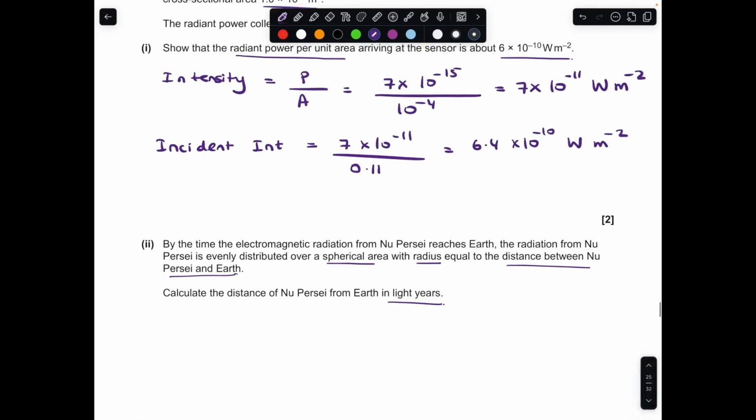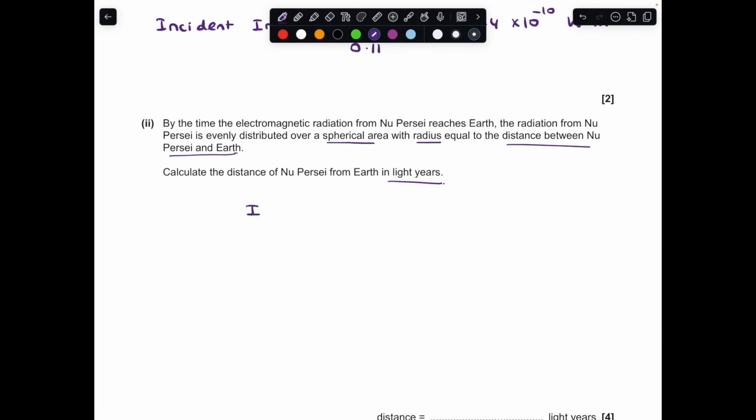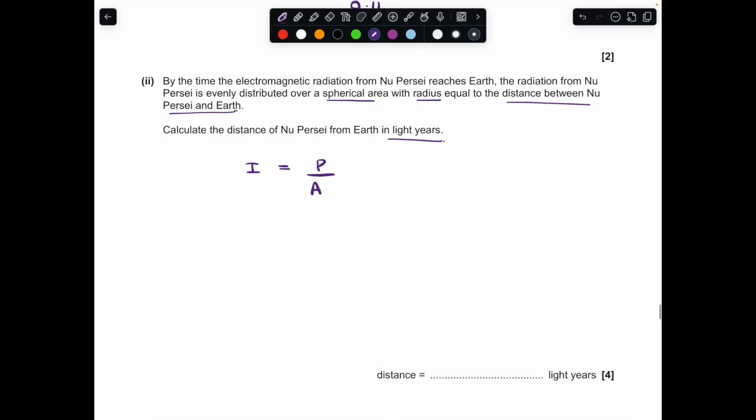The incident intensity we calculated will be equal to the power divided by the area. Area can be taken as a spherical area, so 4 pi r squared is equal to P over I, and therefore r is equal to the square root of P over I times 4 pi.